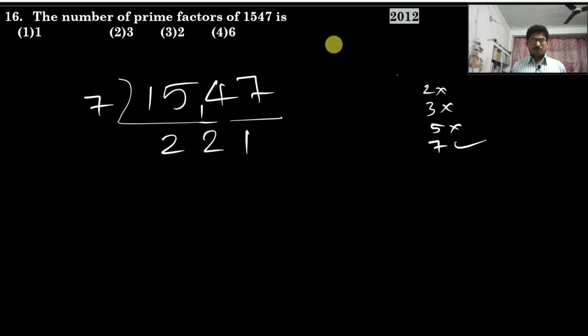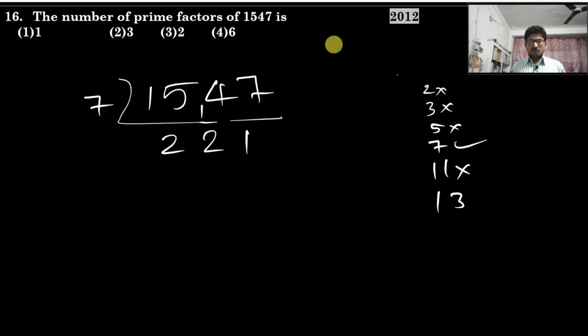So next, this is not divisible by 7, 7 3s are 21, not divisible. After 7, 11, not divisible. After 11, 13. Children, at least check up to 20 if such numbers are given in questions like these.